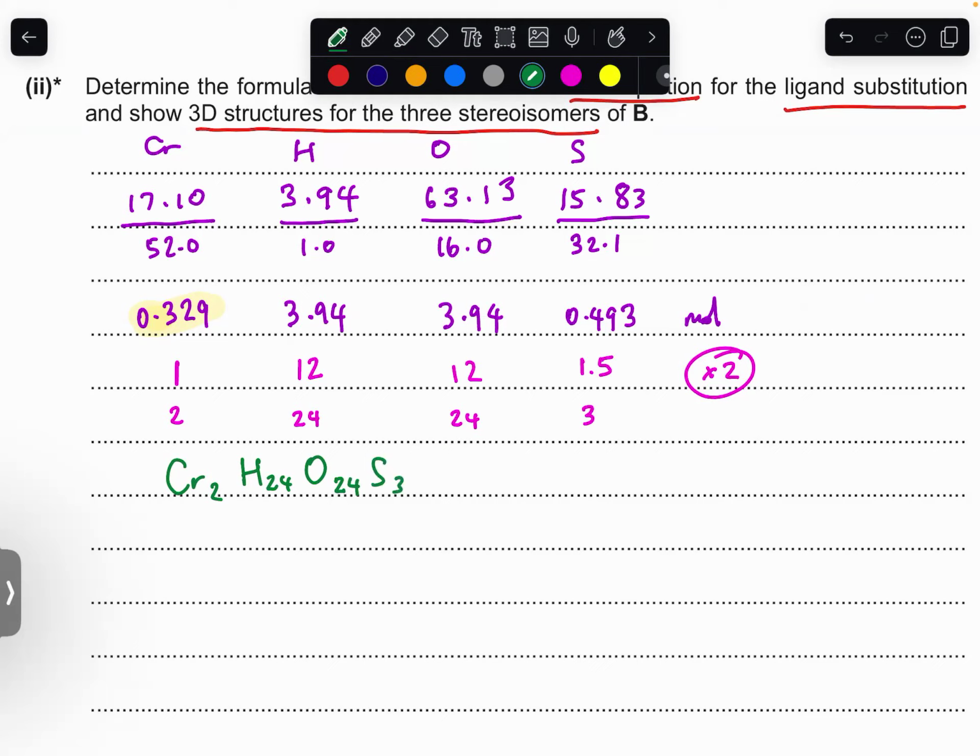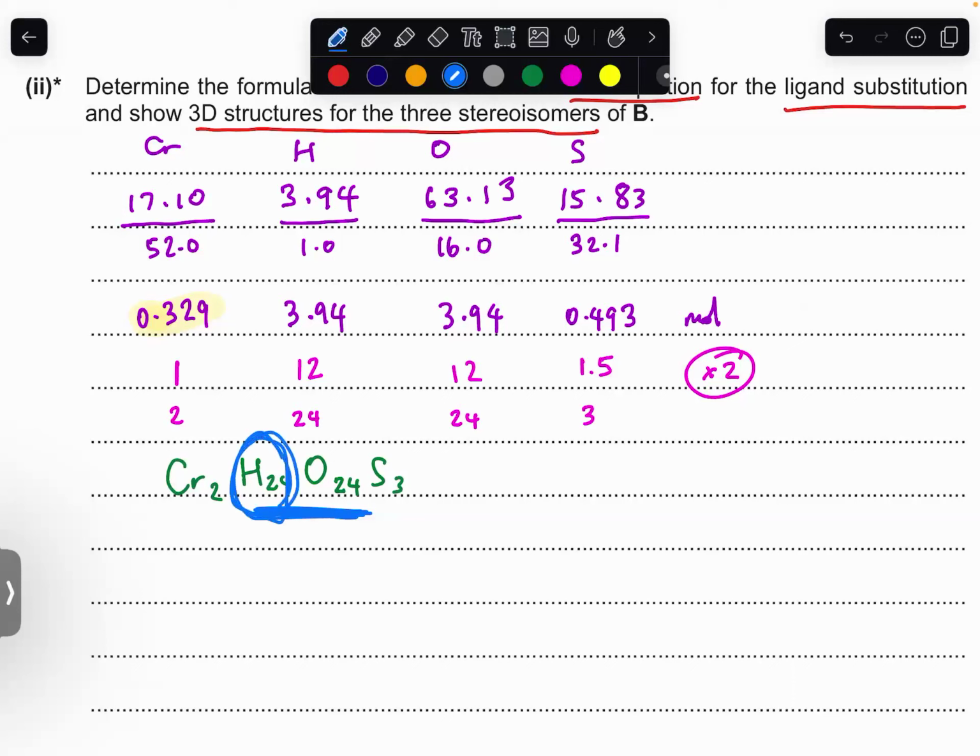Now, looking at this, we know that it's a hydrated compound, so we're going to extract as many waters as we can from this. What's the maximum number of water molecules we can extract? Let's use the hydrogen.